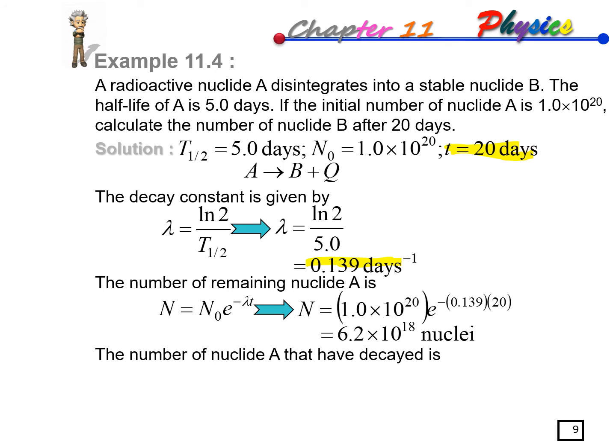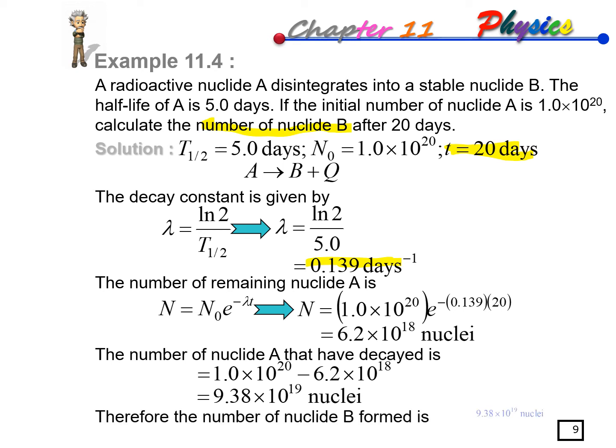The A nuclei that have decayed will become nuclei B. They want the number of nuclei B, so the ones that have decayed become B. So we take the initial number minus the atoms remaining, and this becomes nuclide B.